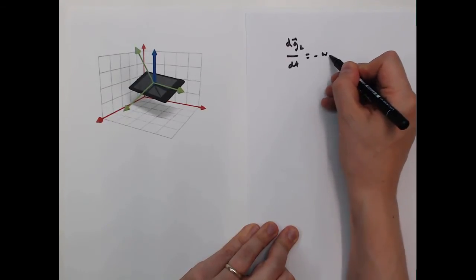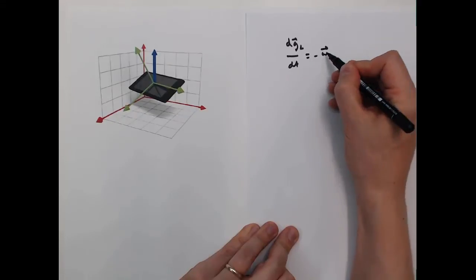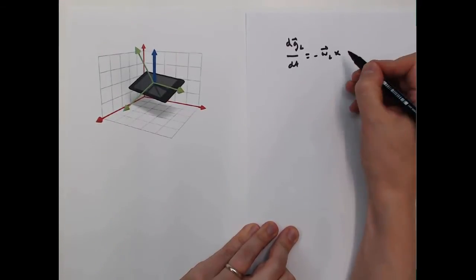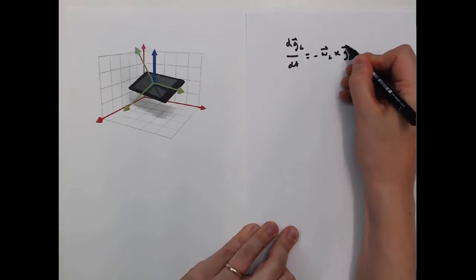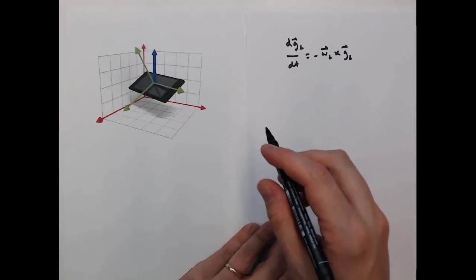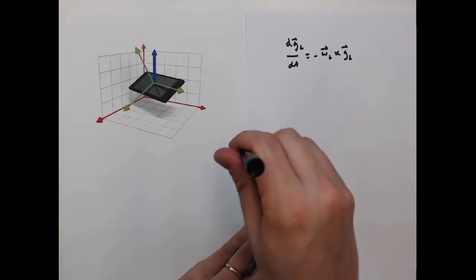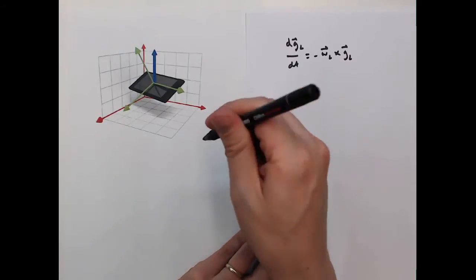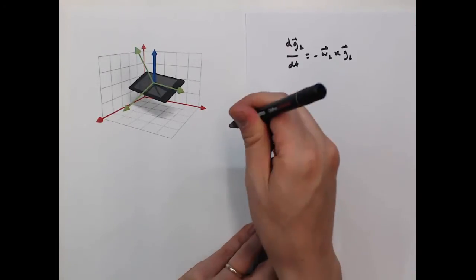So you will have a differential equation of this form. So this is the angular velocity cross product with the gravitation. So you can basically use, well, the gravitation is seen in a different direction from the local perspective in the mobile phone when the phone rotates.